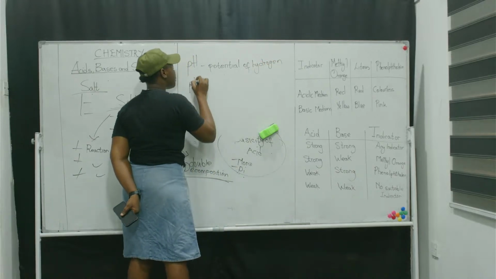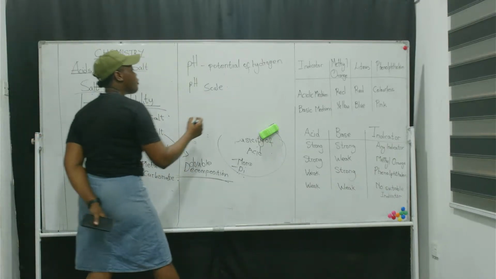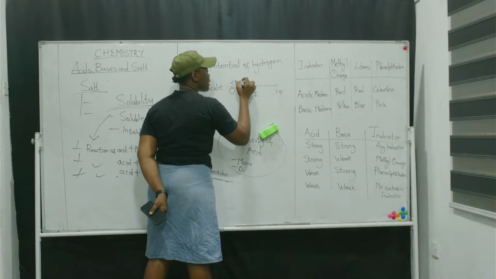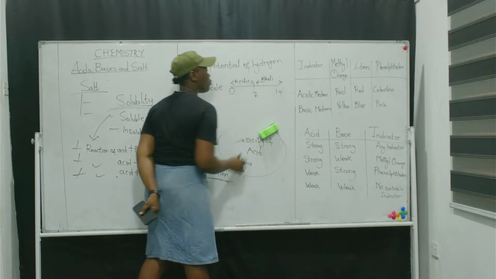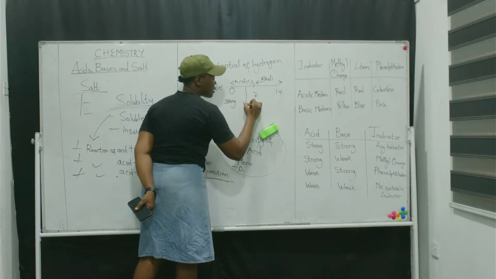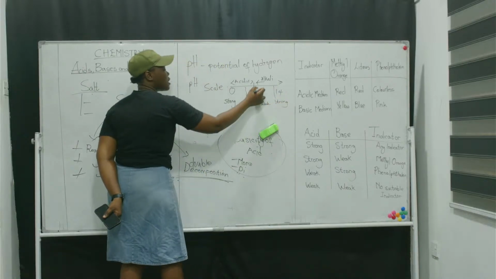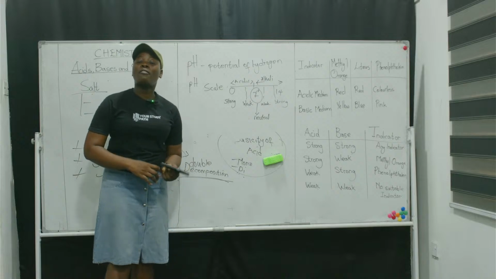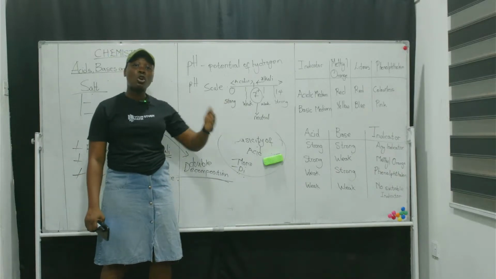And we talked about the pH scale, a numbered scale from 0 to 14, with 7 being neutral, acidic on one side and alkaline on the other. Strong acids will have lower pH values, whereas weak acids will have higher pH values, but not up to 7.